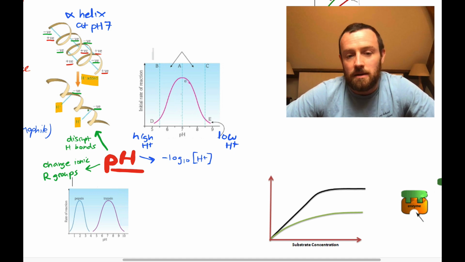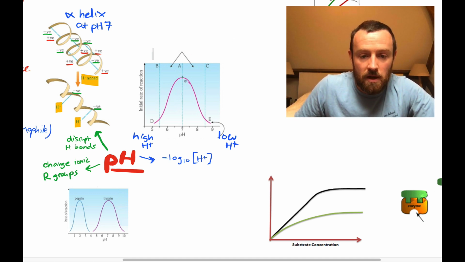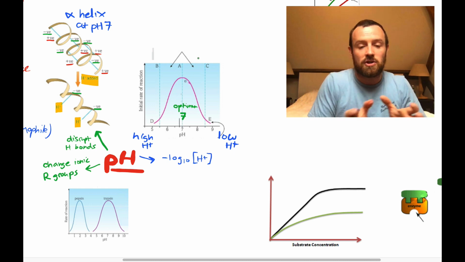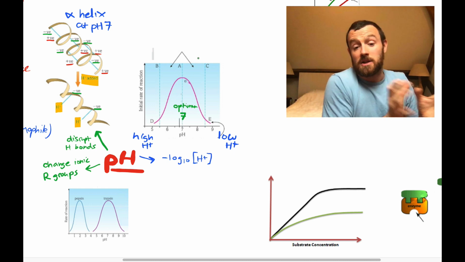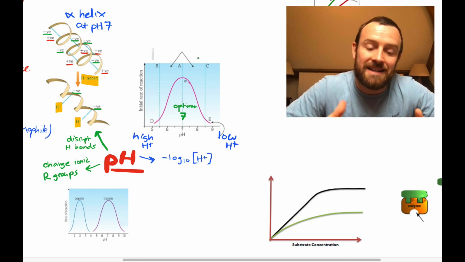So what does that mean? Well, it means that if a given enzyme has an optimum of 7, and we change the pH a little bit to the side, if we add a bit too many hydrogen ions and take the pH lower, or if we remove hydrogen ions and take the pH higher, that's going to affect the activity of the enzyme.